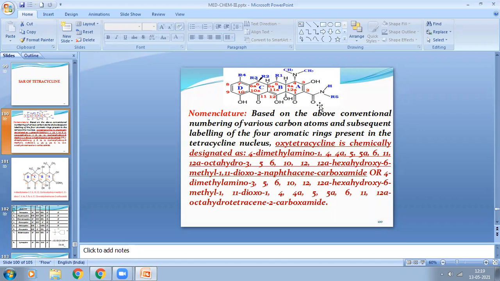This is the second point: the amide functional group is essential for antibacterial activity, and any modification of it leads to hydrophilic compounds which are taken orally. Now the third point.